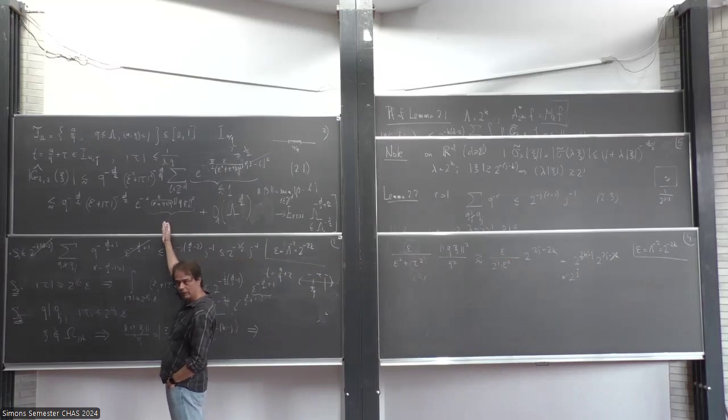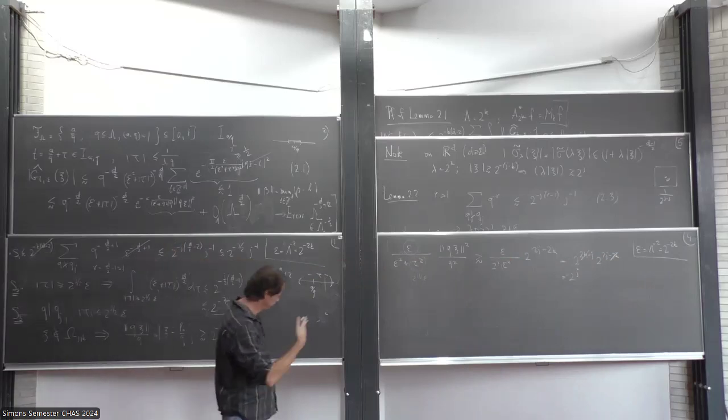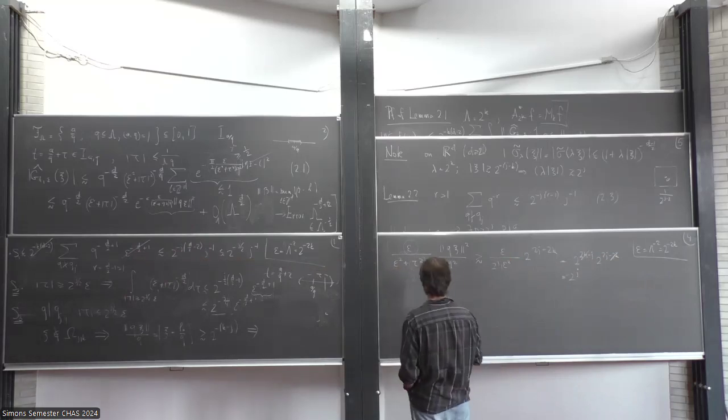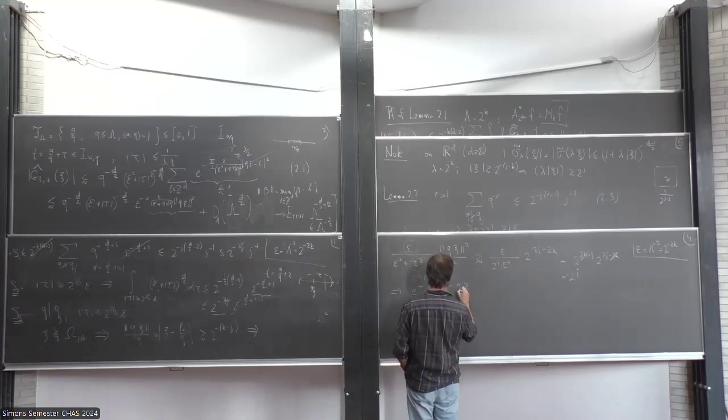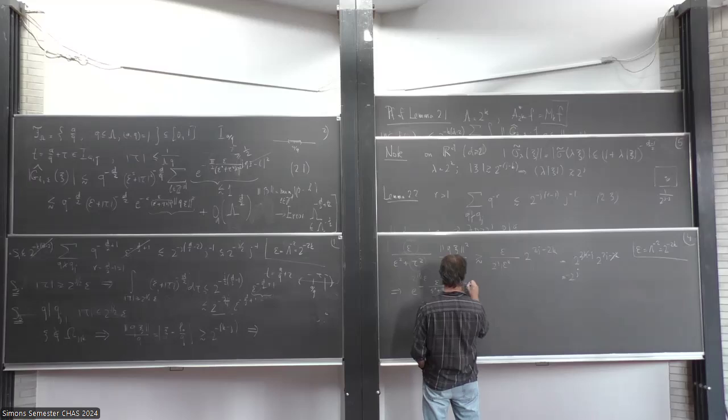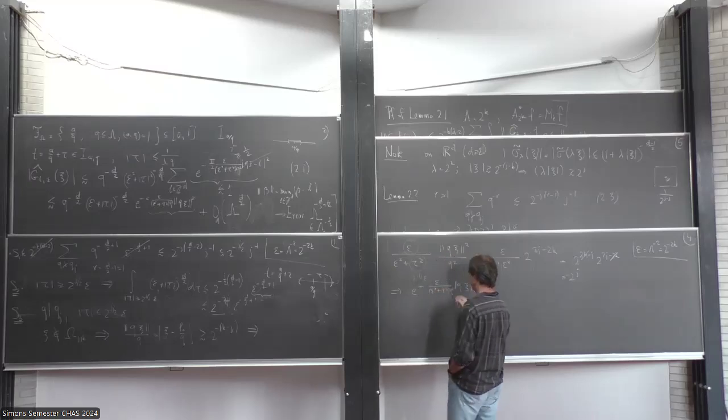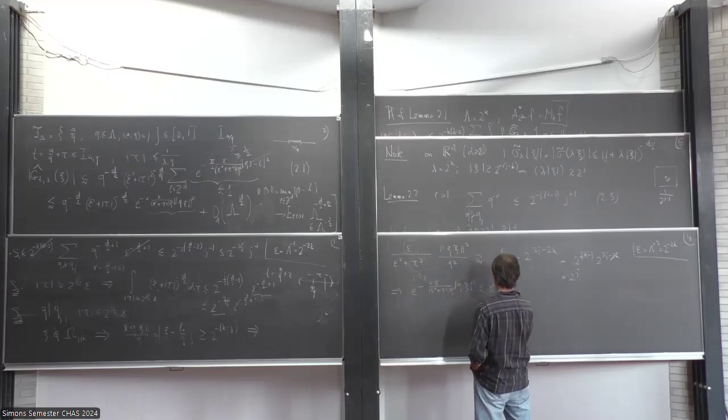Instead of 1, we get e to the minus c 2 to the j. So before that, we assumed this is bounded by 1, but now this will be bounded by e to the minus c 2 to the j.